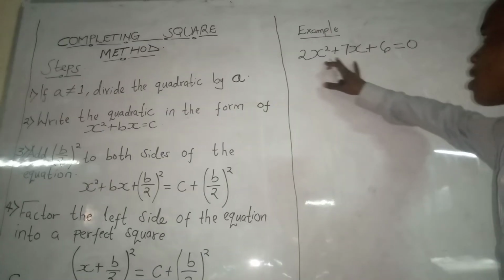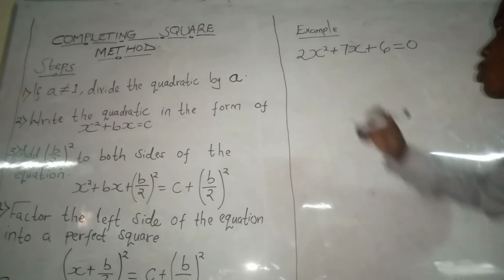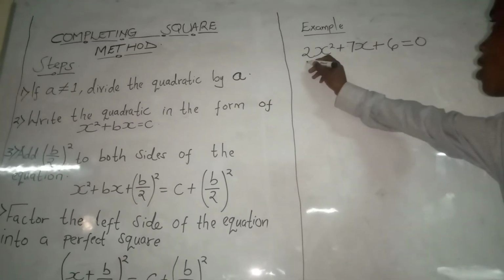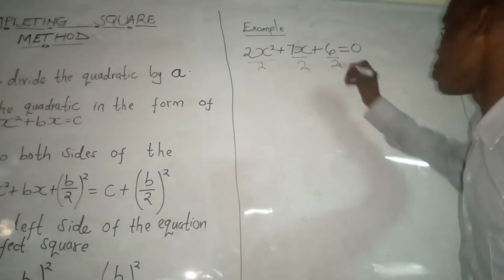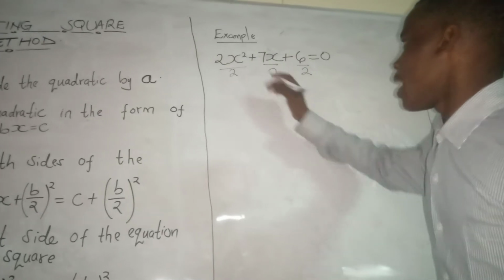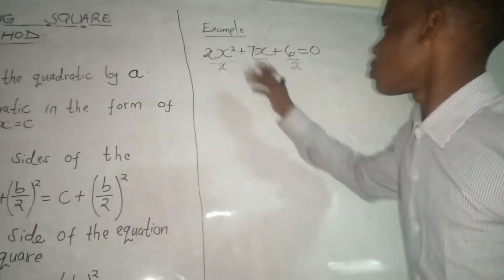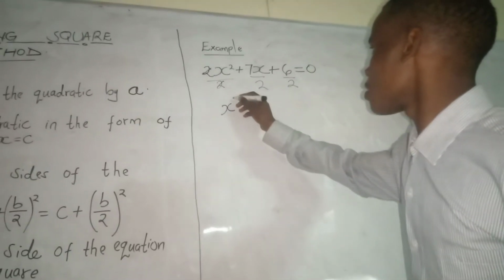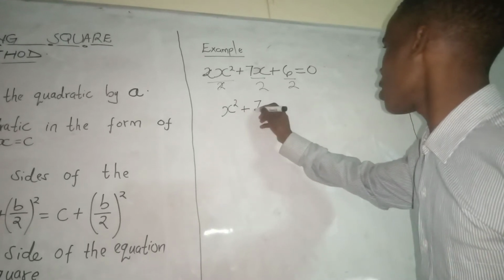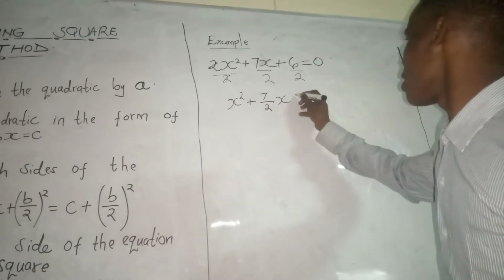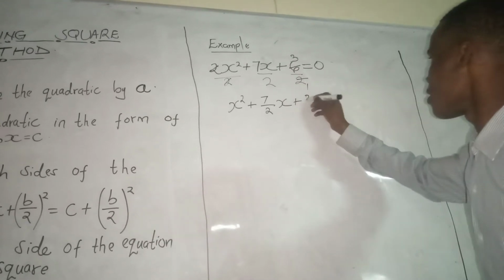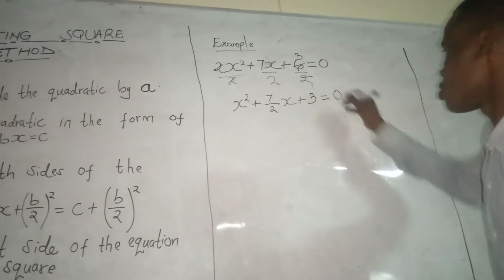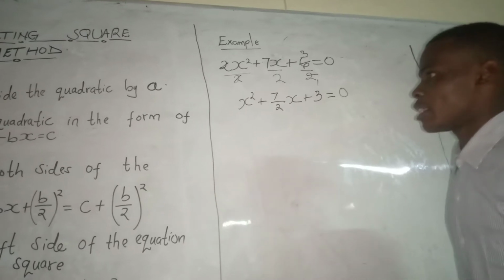This is our a and it is not equal to 1, so we are going to divide all sides by 2. Now this one will cancel, so it will be x squared plus 7 over 2 x plus 3 equals 0. So that's our step number 1.